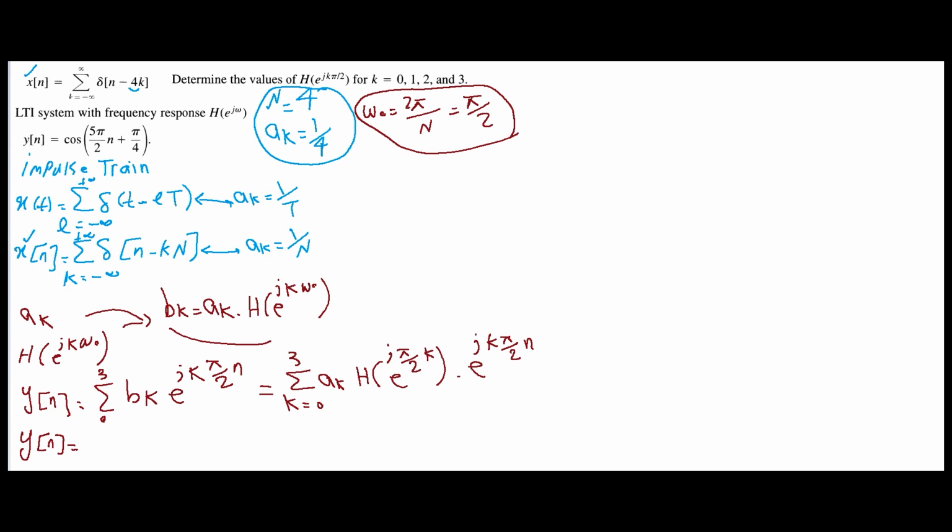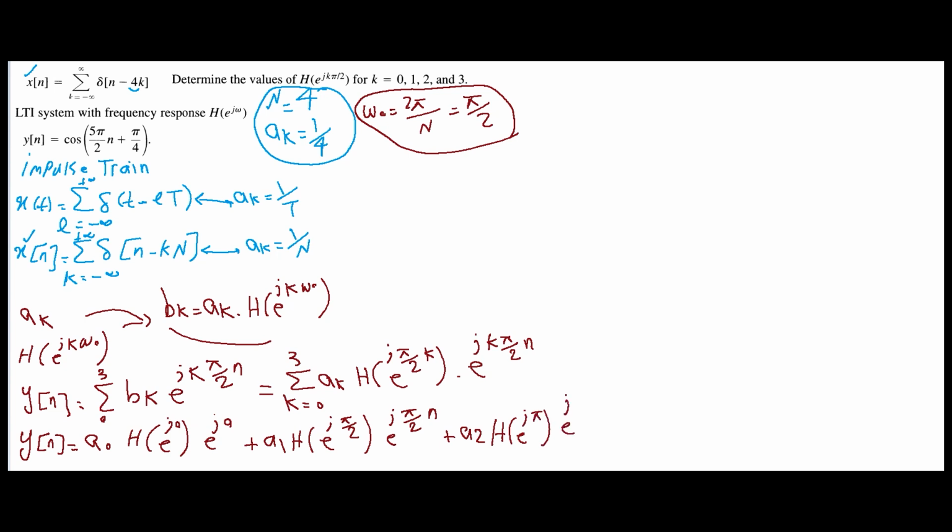Now let's expand the summation term by term. For k equals 0, we have a0 multiplied by H(e^{j0}) multiplied by e^{j0}. For k equals 1, a1 multiplied by H(e^{jπ/2}) multiplied by e^{jπn/2}.